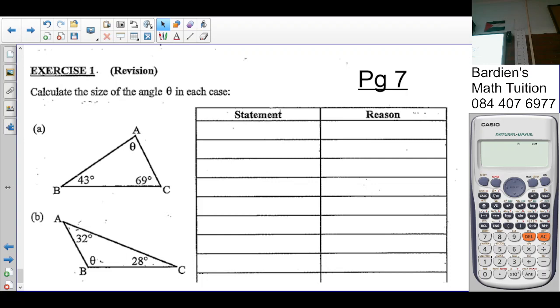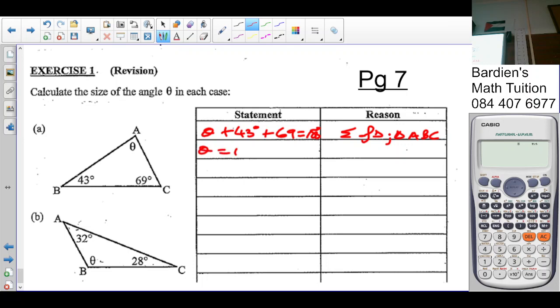So what do we do here? Sum of angles of a triangle. So theta plus 43 degrees plus 69 is equal to 180. Why? Sum of angles of a triangle. So that is triangle ABC. Okay. So that is simply theta is equal to 180 minus 43 minus 69. Give me an angle of 68. Okay.